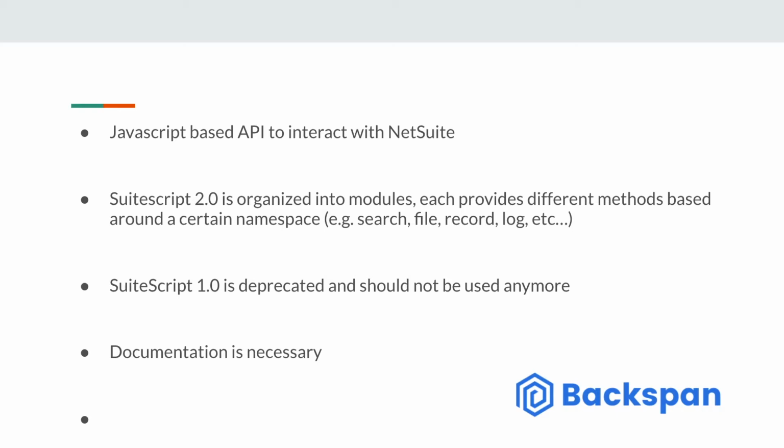I've seen a lot of people who want to get into scripting within NetSuite, and they say, I want to start learning from 1.0 and then graduate into learning 2.0. My suggestion is don't waste your time. Just go right away into 2.0, because it's a different methodology and a different way of structuring your code.